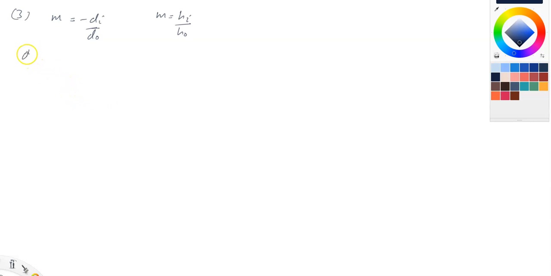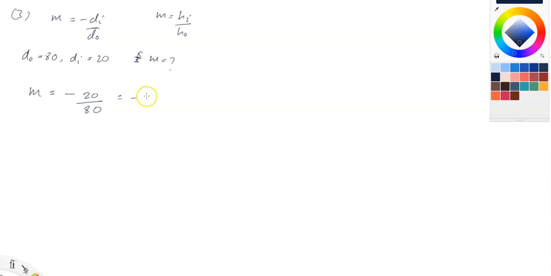So DO is 80, DI is 20, both positive. Asking M. We don't even need to do any math. We can just use the magnification equation. Negative 20 over 80.